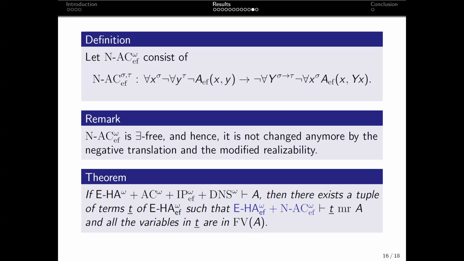And this principle is actually existential-free, and hence it is not changed anymore by the negative translation and the modified realizability interpretation. And the soundness theorem of modified realizability can be extended as follows. Actually, we add DNS^ω here, and here we add NAC-EF^ω here.